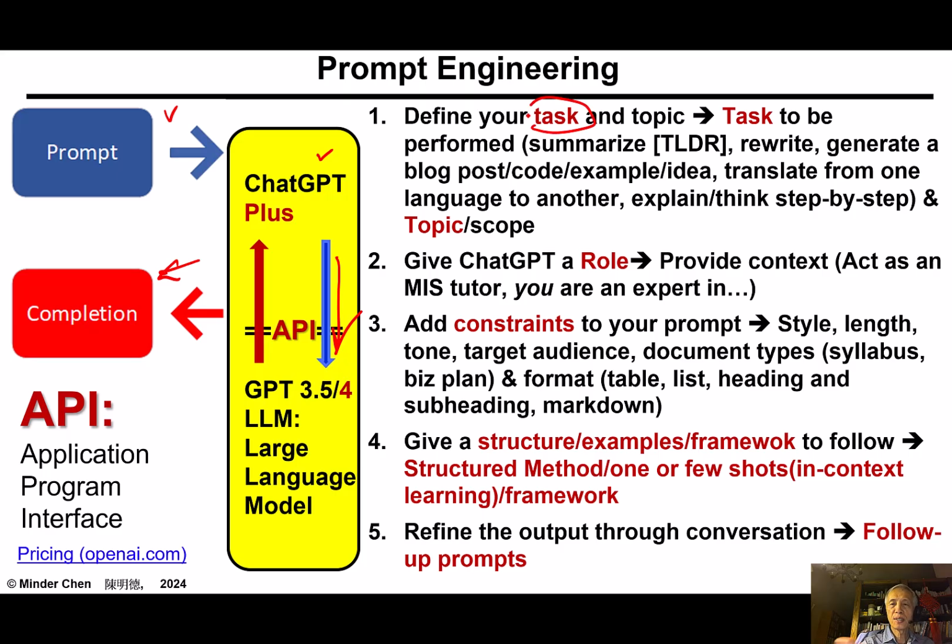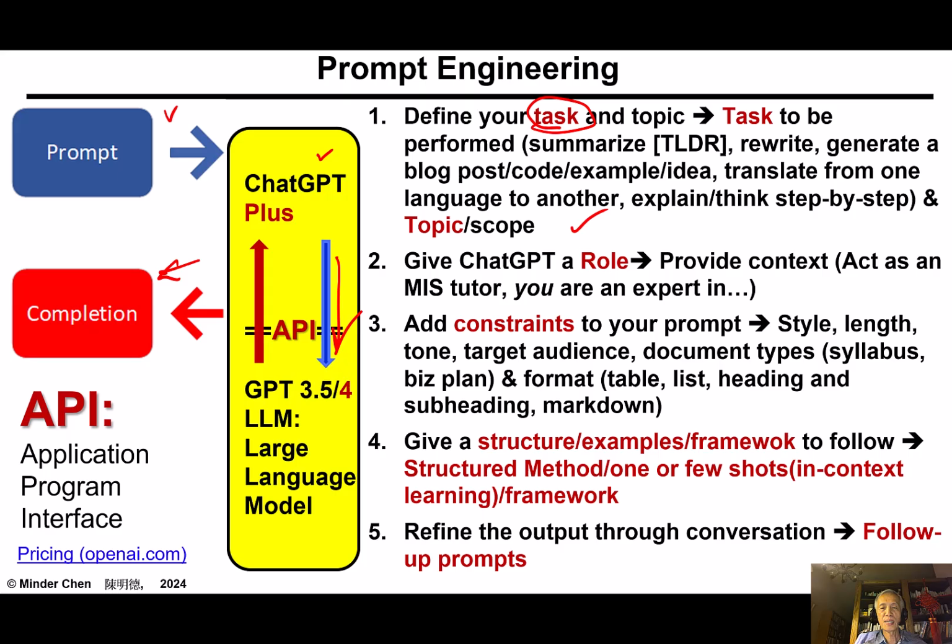First, think about the task, and also specify the topic or subject you want to discuss. We did mention a variety of tasks, which has been explained here. Give a role to the large language model, a persona. We mentioned that. Add a constraint to your prompt.